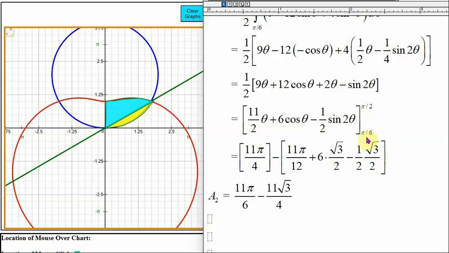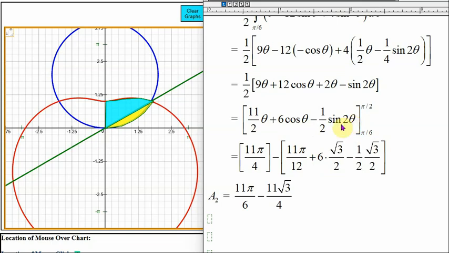And then now let theta be pi over 6. So when theta is pi over 6, 11 over 2 times pi over 6 is 11 pi over 12. And then cosine of pi over 6 is the square root of 3 over 2. And then pi over 6 here, we get 2 times pi over 6, which is pi over 3.